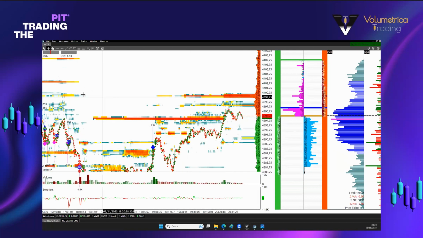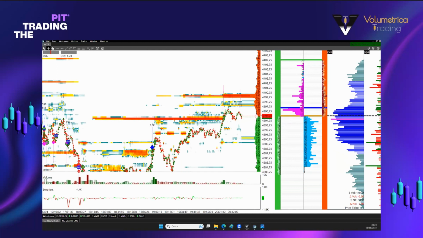For example, you can clearly see that now we have some liquidity pools a few points away from where we are right now. We haven't traded this area yet, but we know that if by any chance the market wants to continue to the upside, it will find those two blocks of liquidity.